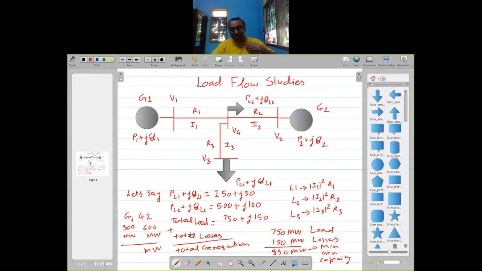So the next question that comes to our mind is how this 850 megawatt should be supplied by these two generators. This is the maximum capacity, 300 megawatt and 600. Out of which, how much should be supplied by generator G1 and how much by generator G2? That is the real question.